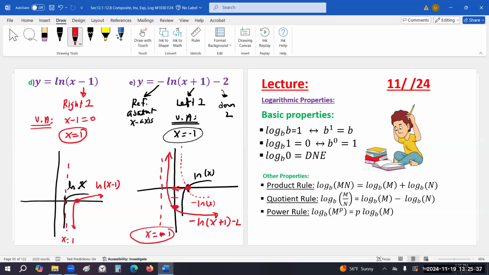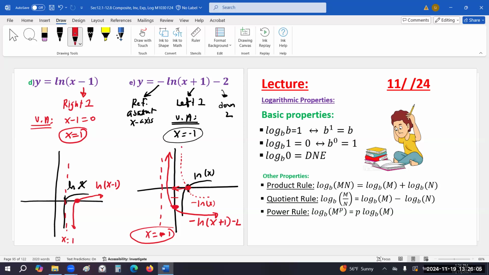The next one says when x is 0, the log doesn't exist. When our x is 0, we have an asymptote, a vertical asymptote. So log doesn't have any value there. Log 0 doesn't exist. It doesn't matter whether this is log or natural log. Both logs don't exist when our x is 0.